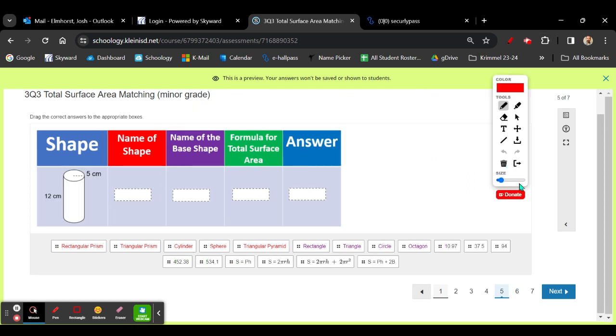Number 5, taking a look at the base area. So the bases that are parallel are circles. We're going to use the circular formula. The total surface area is going to be diameter times pi times the height. Now, the formula says 2 times pi times the radius, which would give you the diameter.